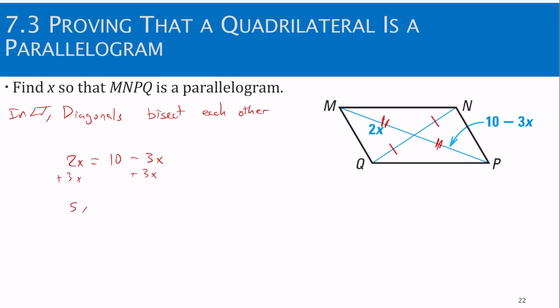So just solve that. Divide by the 5 and you get x is 2. And again, it's because the diagonals bisect each other. So each half of those diagonals are equal to each other.